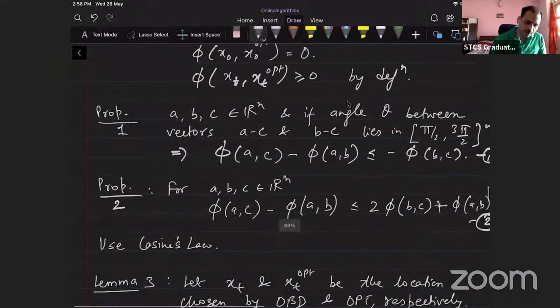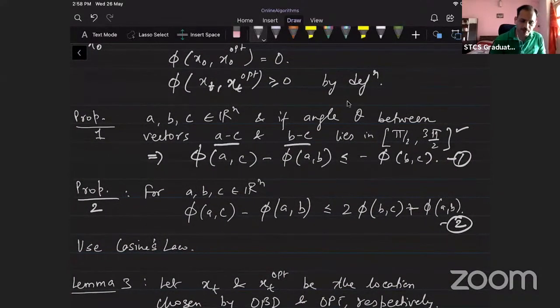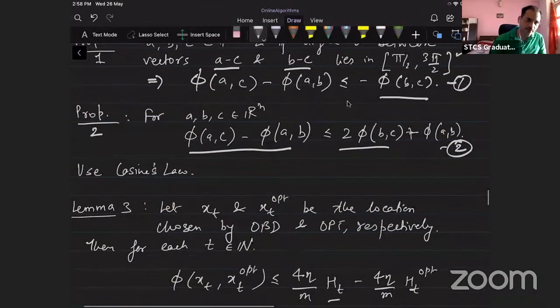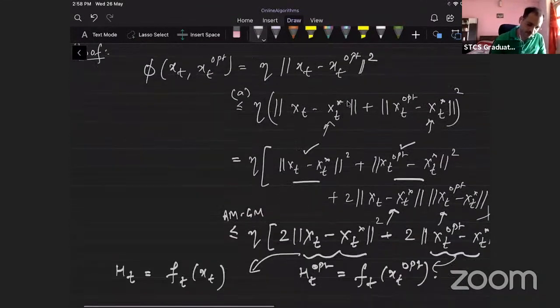Suppose vectors a minus c and b minus c make an obtuse angle, then phi of a comma c minus phi of a comma b is at most minus phi of b comma c. So that is what I am applying on the first 2 terms. And for any ABC, I know that phi of AC minus phi of AB is at most 2 times phi BC plus phi AB. So that is being applied twice to get our current set of equations.